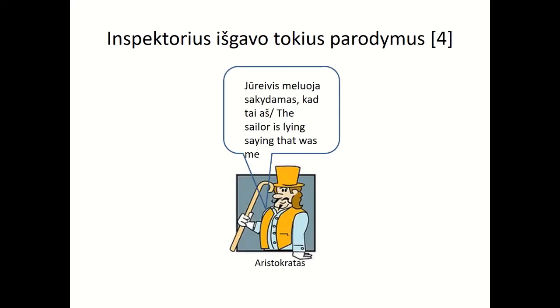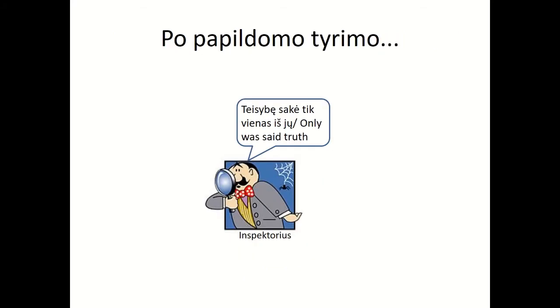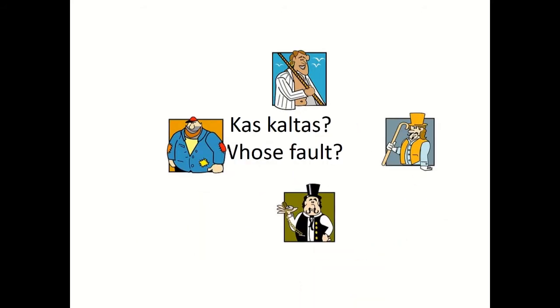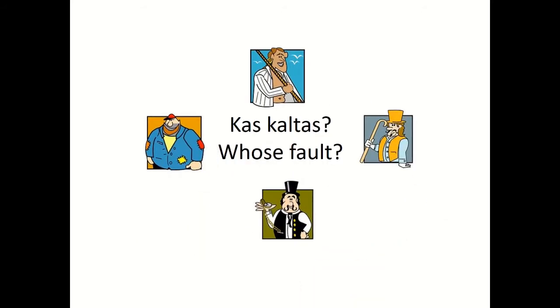And the aristocrat gave a testimony saying that the sailor is lying, saying that it was me. After additional investigation, our inspector learned that only one of those told the truth. So, whose fault? That was the homework.